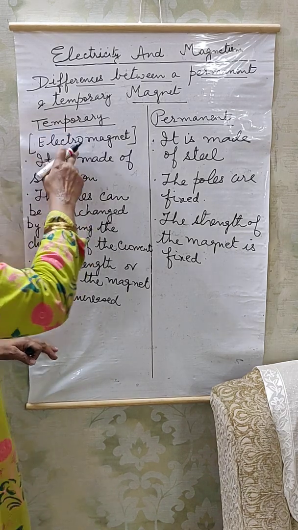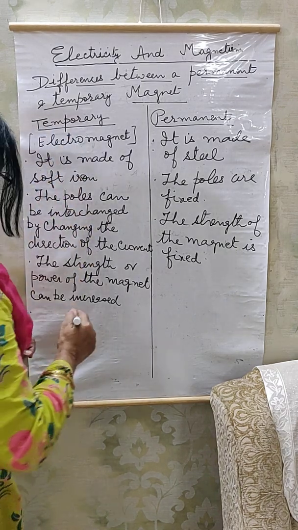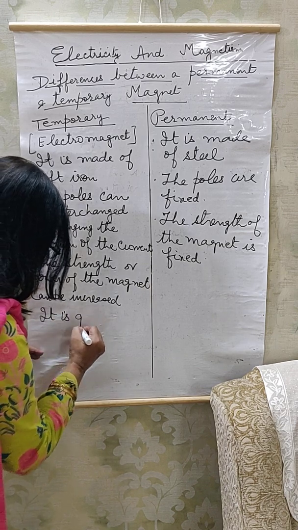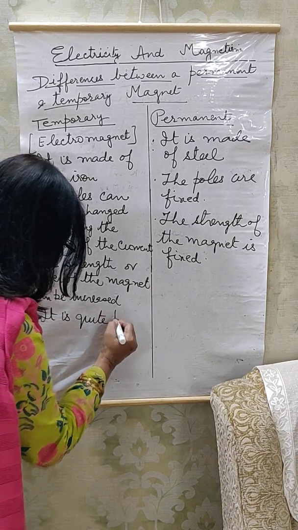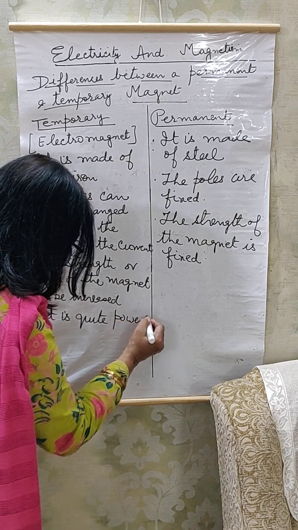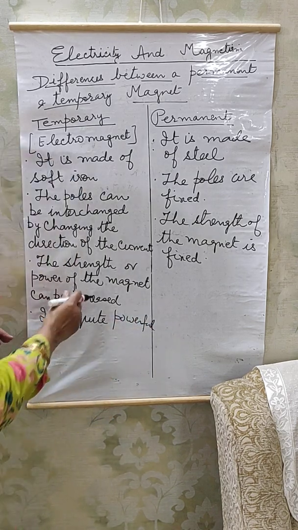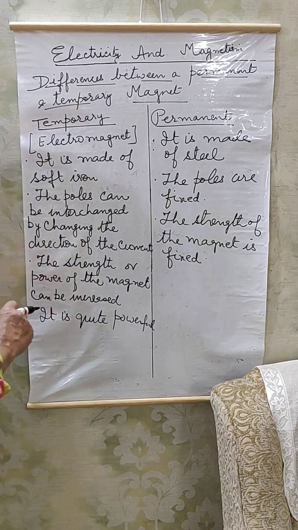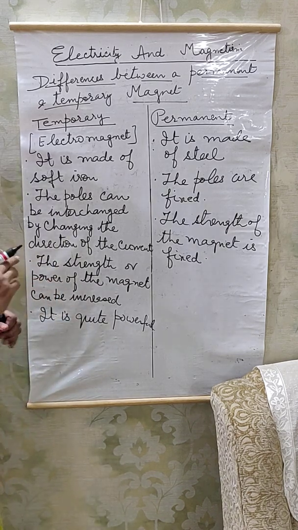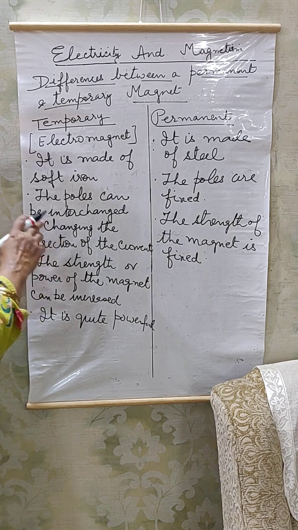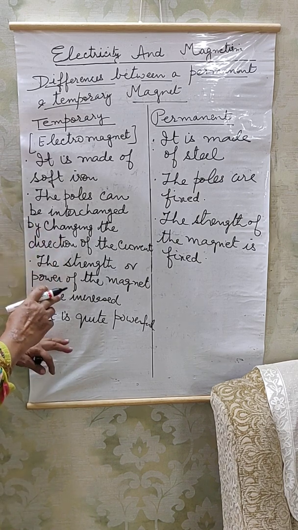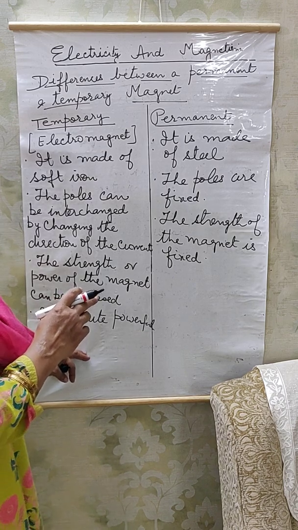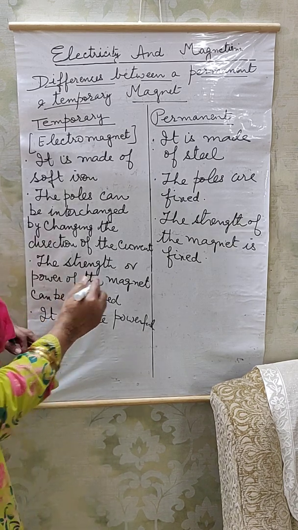And this temporary magnet like an electromagnet, it is quite powerful. Means we can make it quite powerful by increasing the amount of current passing through it. In an electromagnet, I repeat, it can be made very powerful by increasing the strength of the current passing through it.